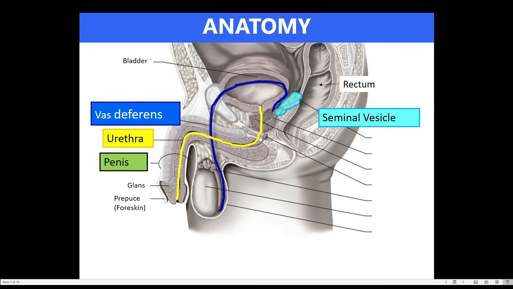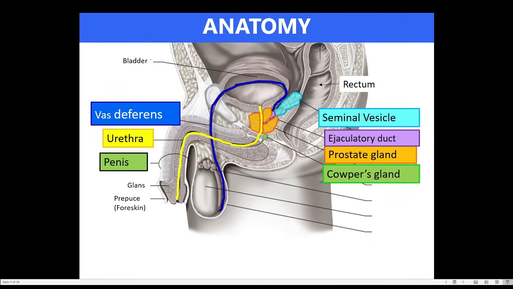We also have the seminal vesicle. Then this part highlighted in violet is called the ejaculatory duct. This part, colored orange, is called the prostate gland. The small gland colored green is called the Cowper's gland or the bulbourethral gland. And then this one is called the epididymis.